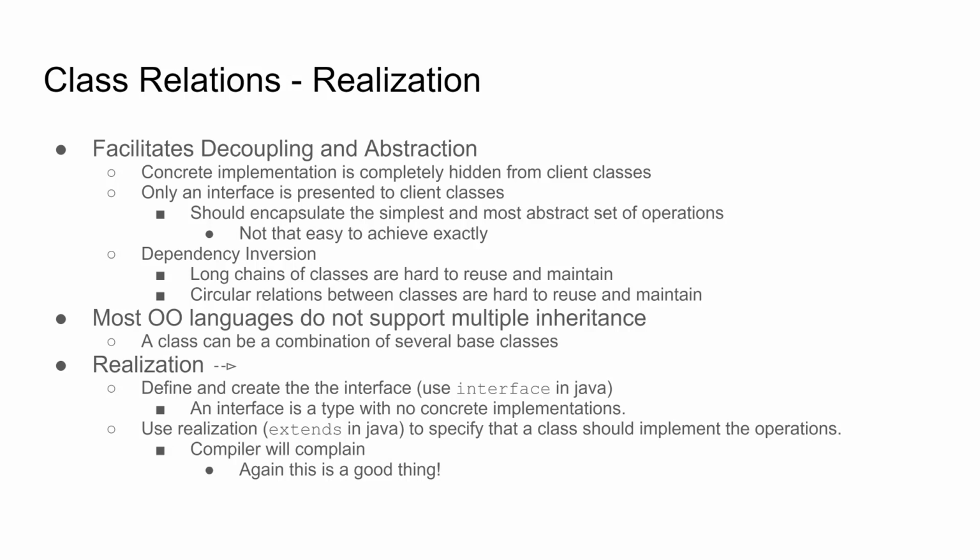So we try to create a list of operations that present no implementation, but just the signature of the operations. And we try to make this set of operations as simple as possible. This is not that easy to achieve because they cannot be too simple, or the client classes cannot perform the desired behavior at the desired level of detail.